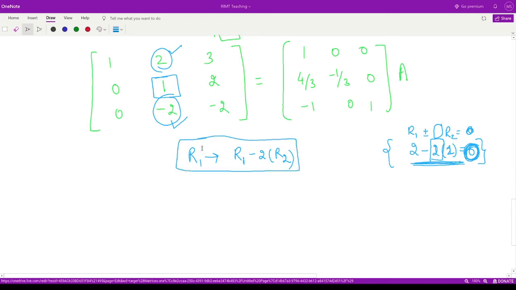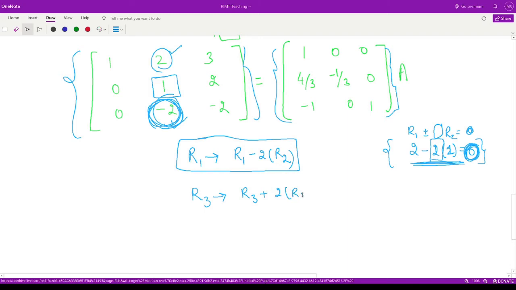Now we can apply this operation onto both of these matrices, this matrix as well as this matrix, right? Similarly, for the third element here, we can again apply some operation. For R3, we can apply the operation R3 plus 2 times R2.